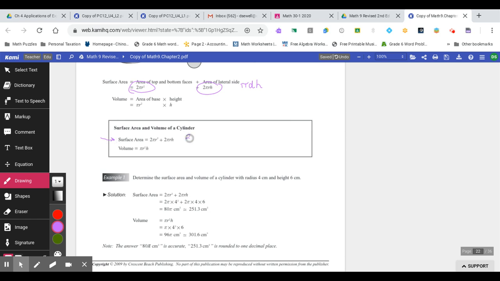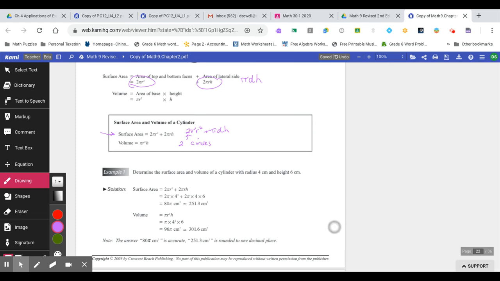So I'm going to rewrite this as 2 pi r squared plus pi dh. And this 2 is because that's talking about the 2 circles that are involved. So don't forget that if you're not doing the top, or you're doing a garbage can or something that doesn't include the lid, you would not put the 2 in front. These are for 2 circles. Okay, so you keep track of which is which.